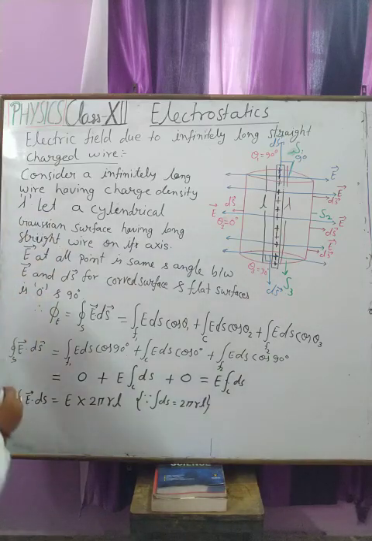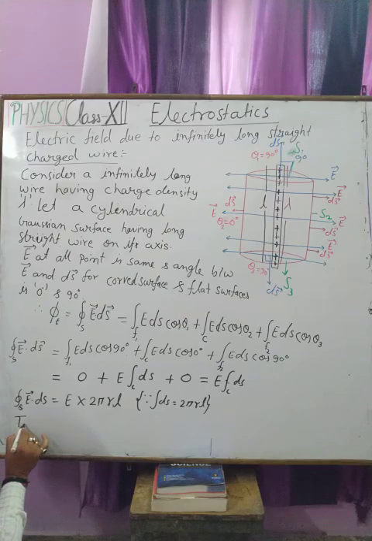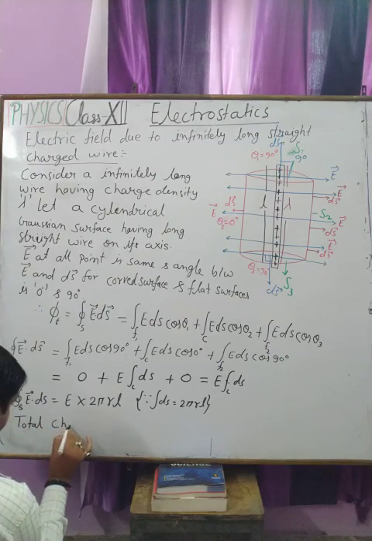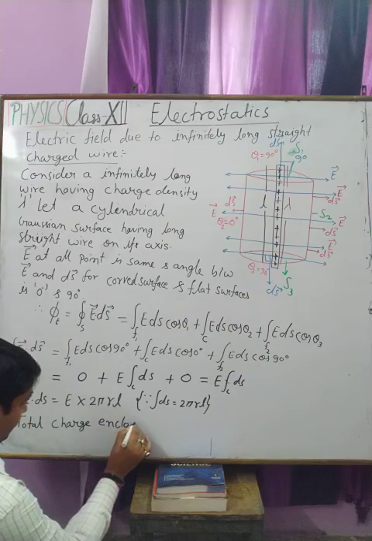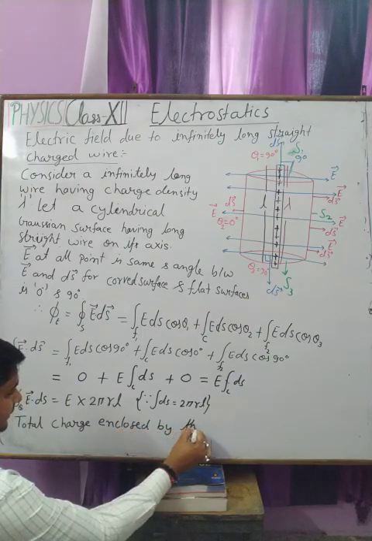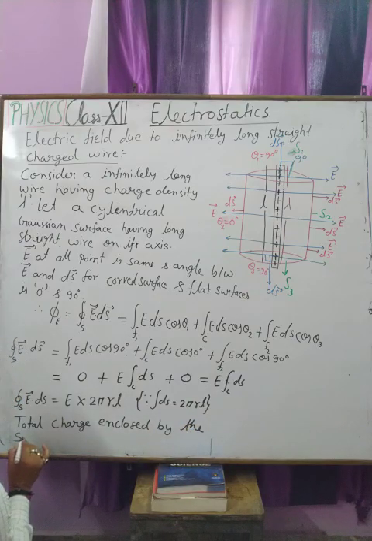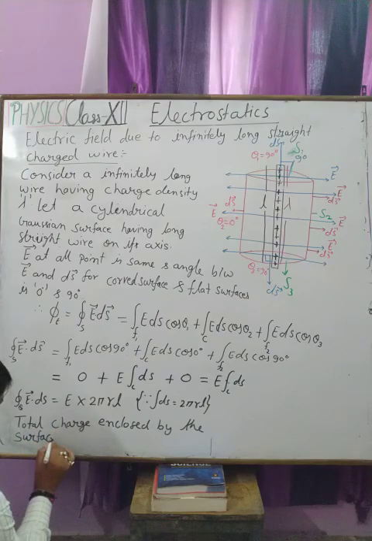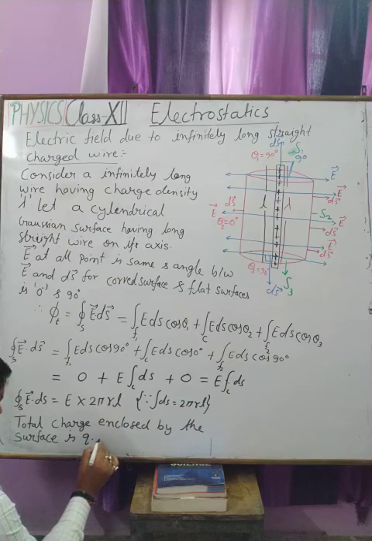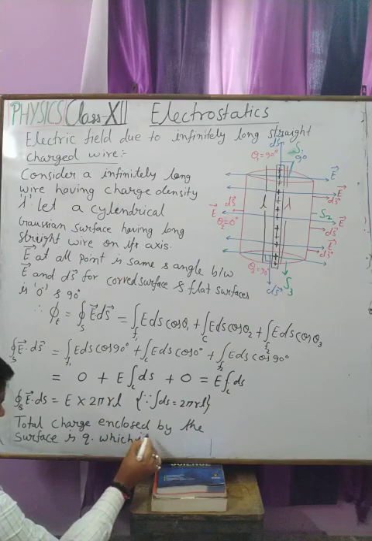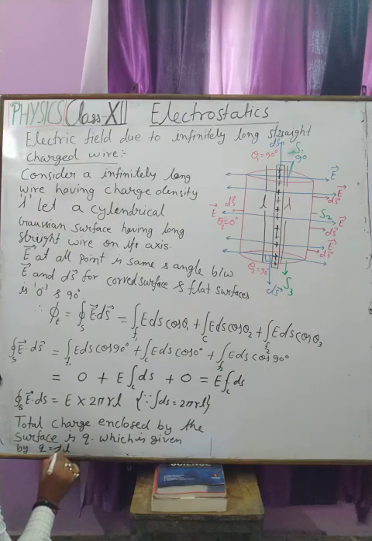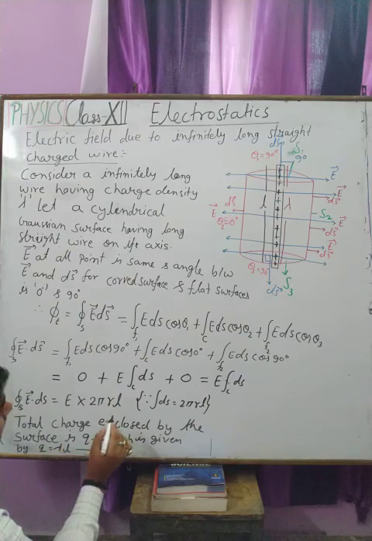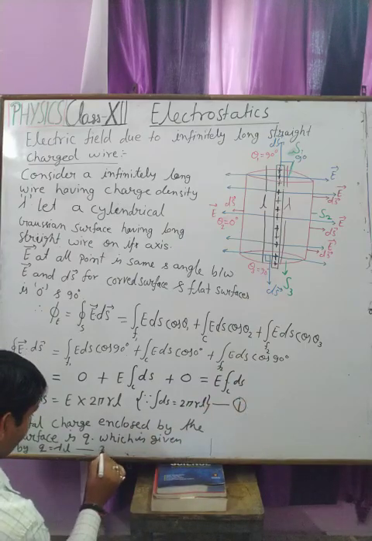Okay, now the third step is total charge enclosed by the surface is Q, which is given by Q is equal to lambda L. This is equation first, this is equation second.